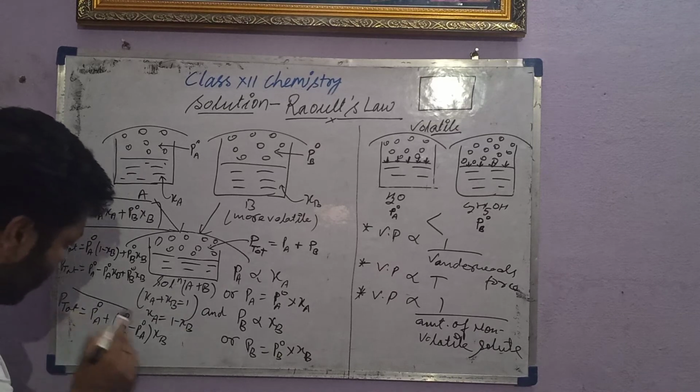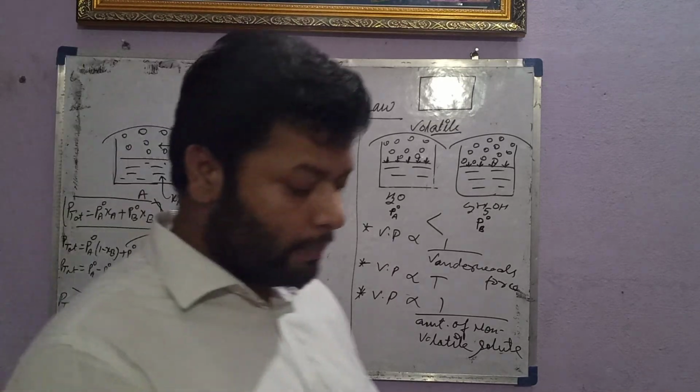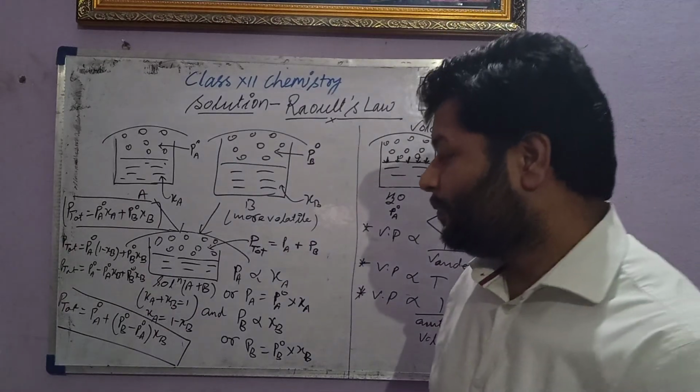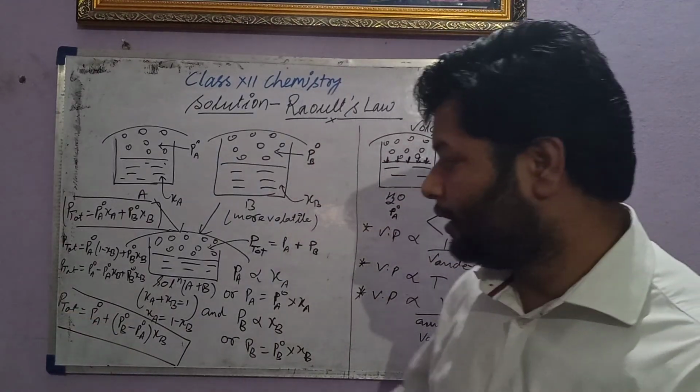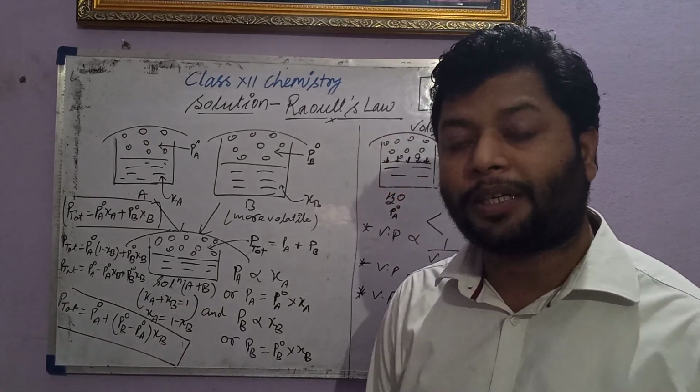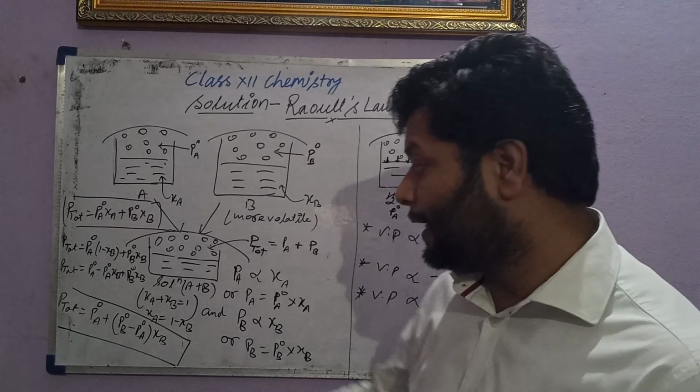This is the single formula of Raoult's law. It indicates that the total vapor pressure always depends upon the mole fraction of any one of the components.